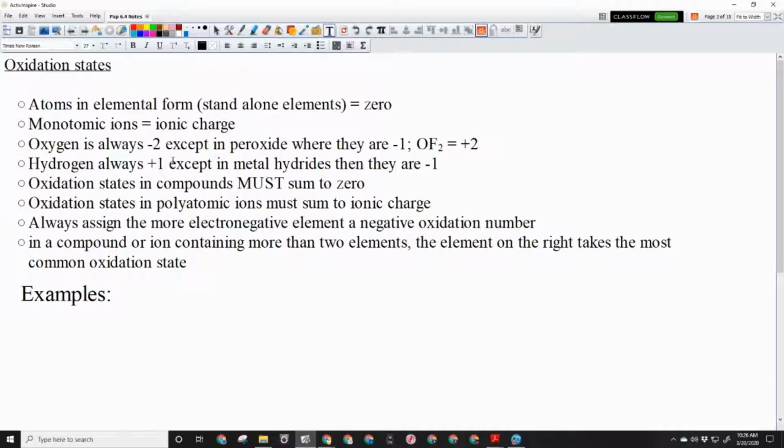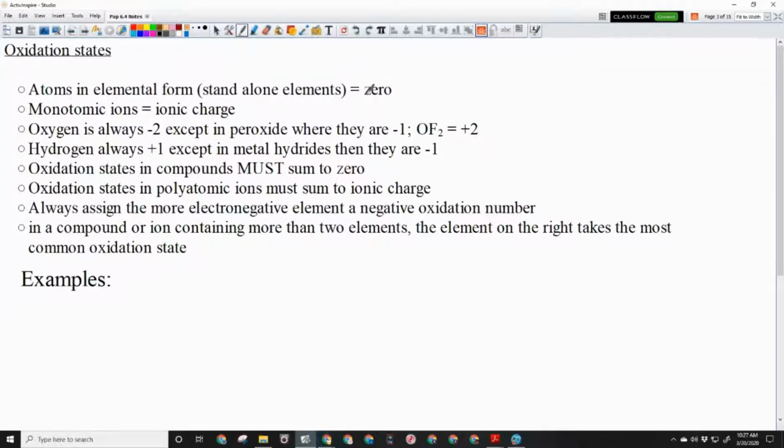So with redox reactions, we have to look at what's called oxidation states. So pause the video and write these down, and then we'll talk about it. All right, so when we're doing oxidation states, these are some rules. Atoms that are in elemental form, which means they're standalone elements, have an oxidation state of 0.